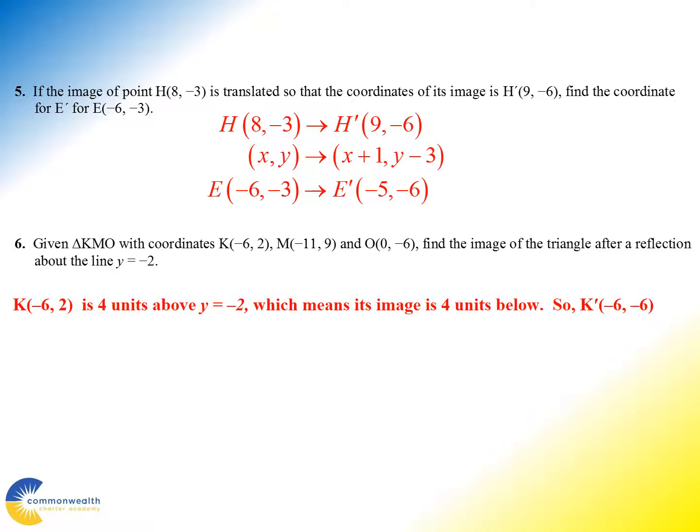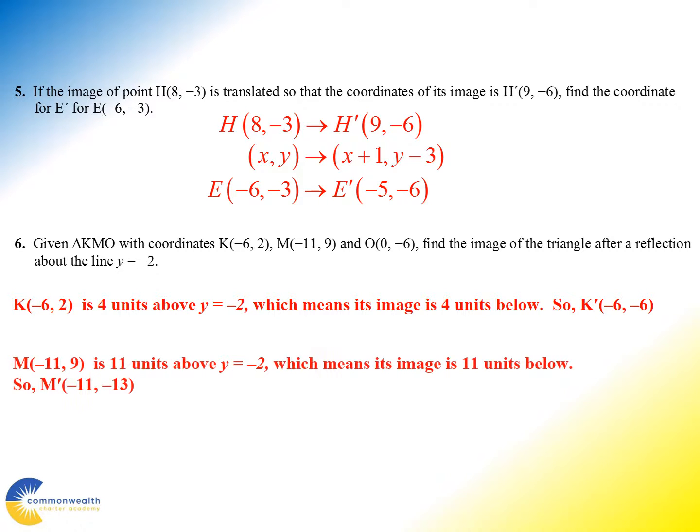So when I look at -11, 9, that's 11 units above the line y equals -2, so its image should be 11 units below the line y equals -2, which would put it at a y value of -13. So the image of M is at -11, -13.